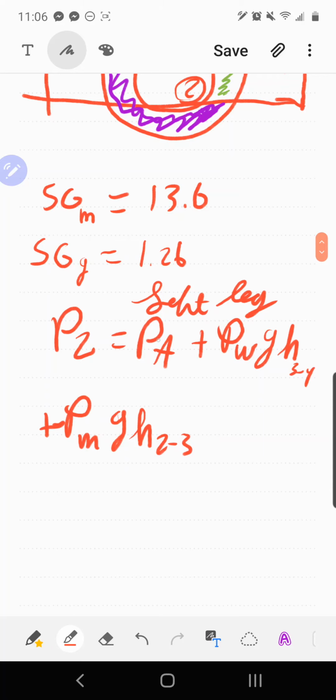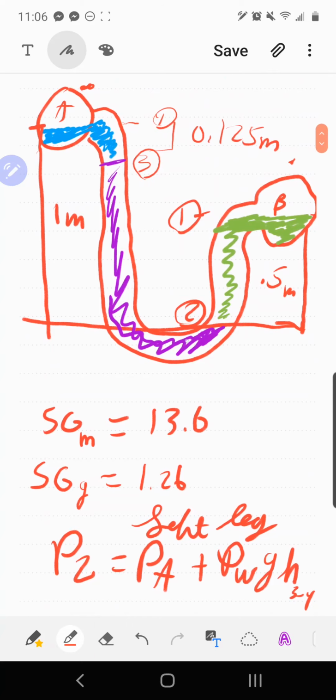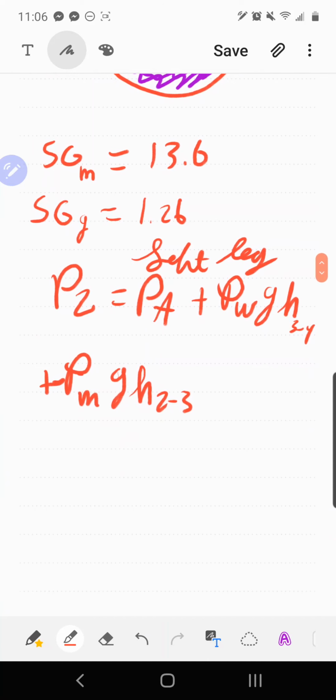These are all rhos. That's not a rho, just these two. This minus this distance. So if we want to get this distance, it's going to be 1 meter minus 0.125. That'll be the left leg.